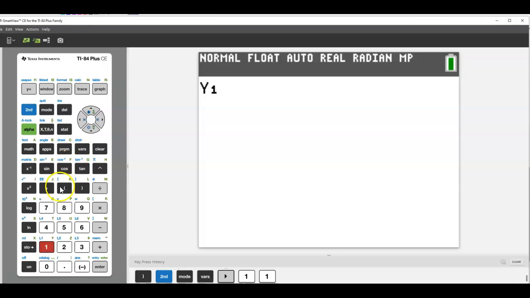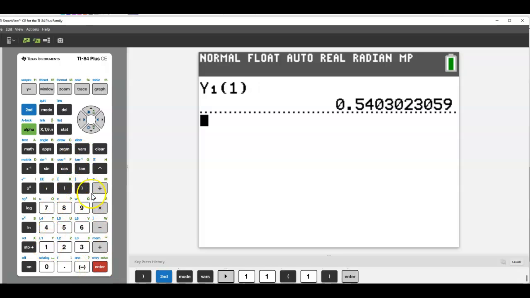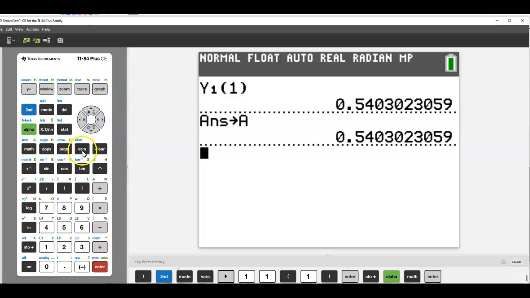So we're going to plug in 1, and I'm going to call that A. Then I'm going to plug in 2. I'm sorry, 1.6 is what I was going to plug in.